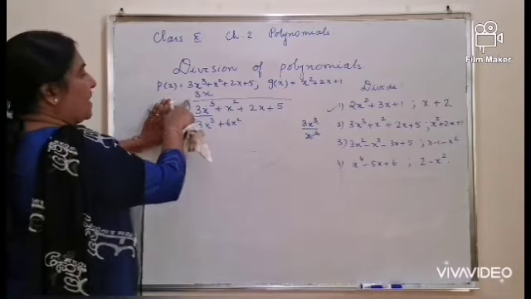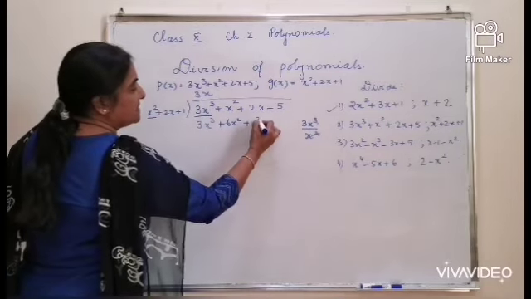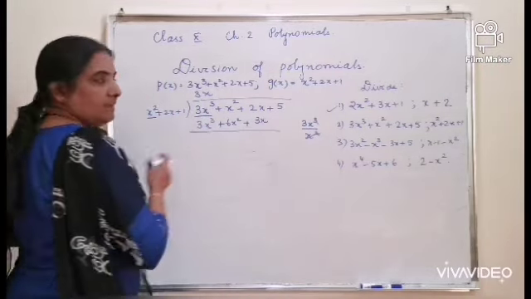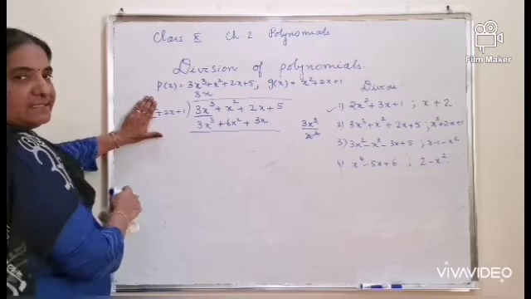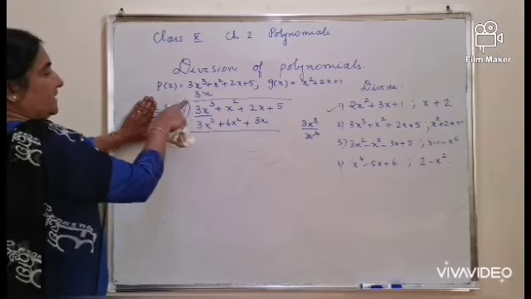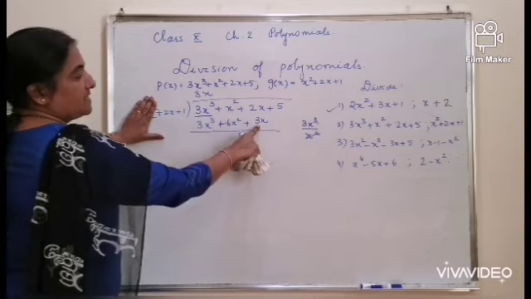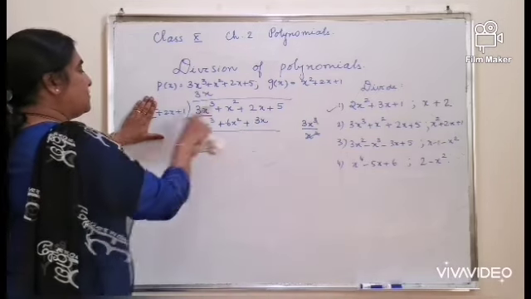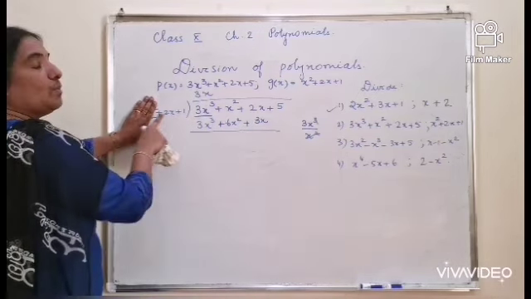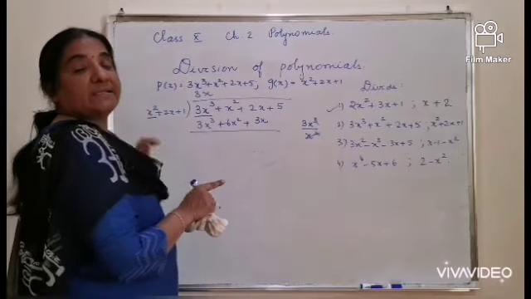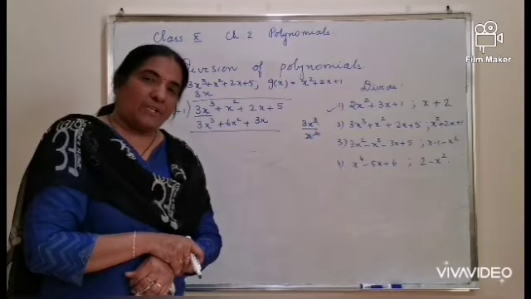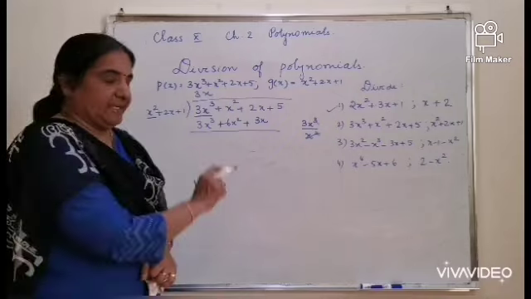Next, plus 1 into 3x is plus 3x. 2x into 3x gives you 6x squared, plus 1 into 3x gives you 3x. But make sure you are multiplying with the signs and applying the product of integers properly.